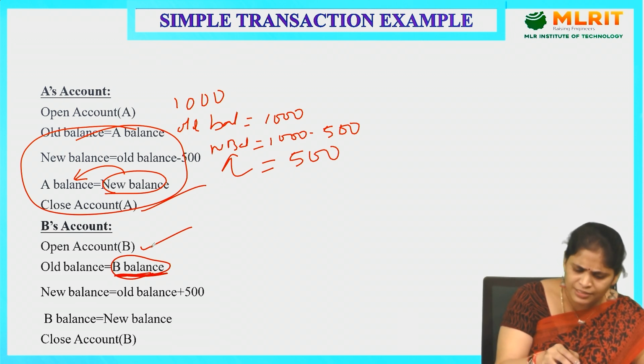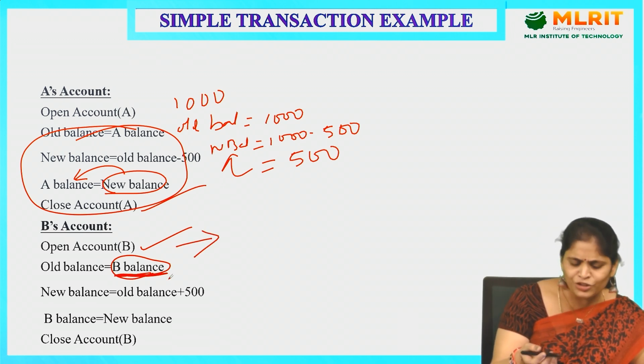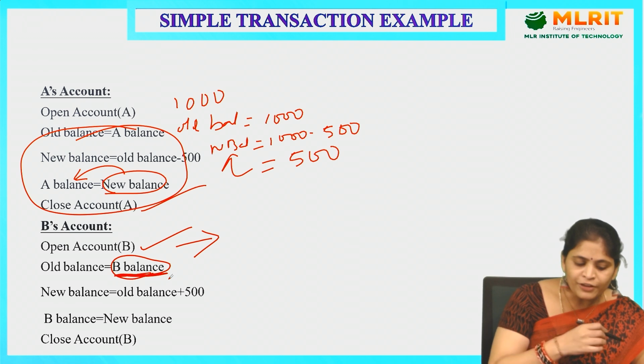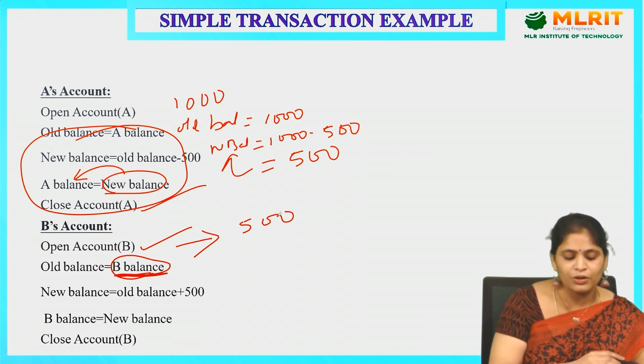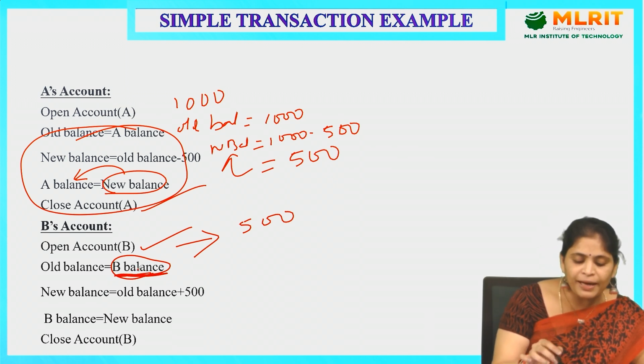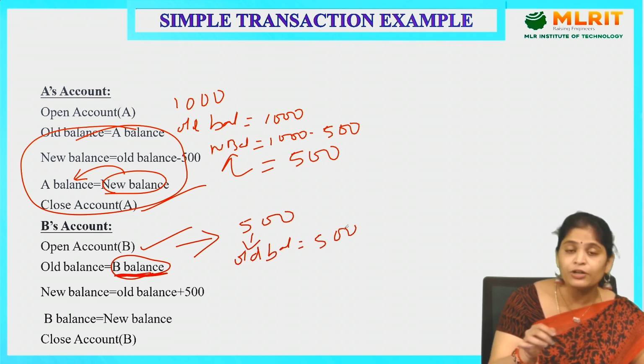For example, let us discuss this with simple numeric values. Here B contains initially 500 rupees. Okay. Now, what is the B balance here? B balance is nothing but 500, which is the old balance. Old balance is equal to 500.